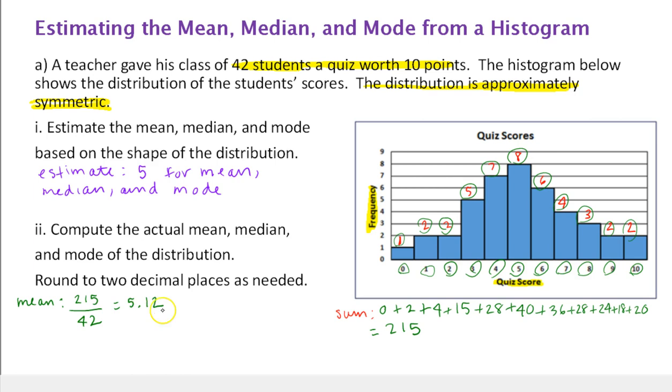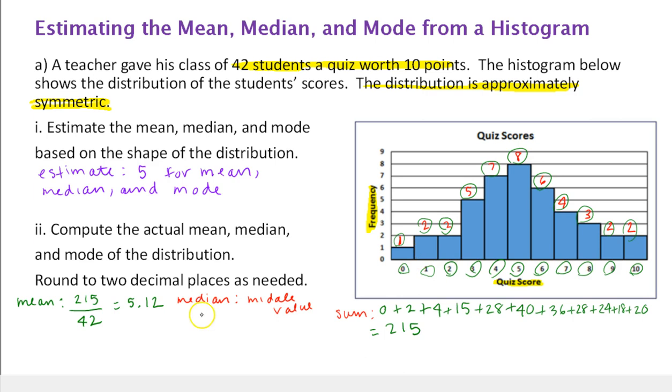Now let's find the median. The median is the middle value if we have them in an ordered list. Well, here they're in an ordered list. They're clumped by frequencies, but they are in order from 0 to 10.